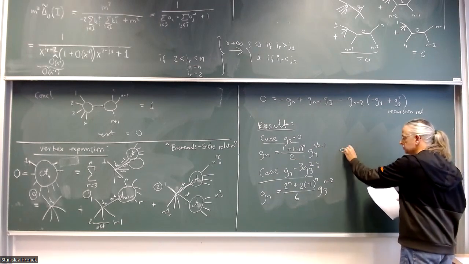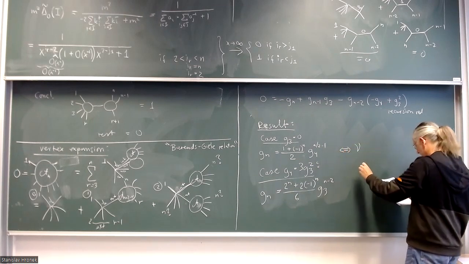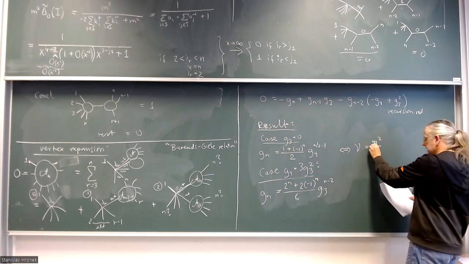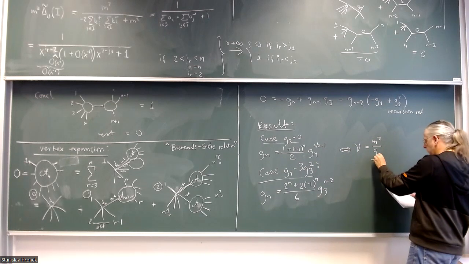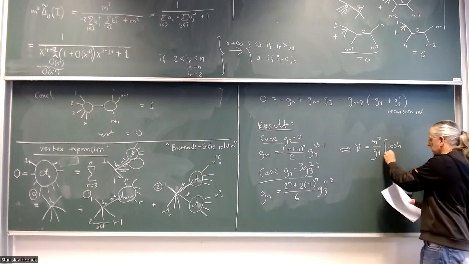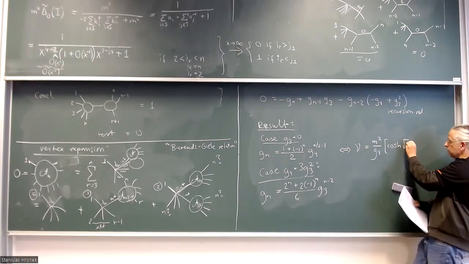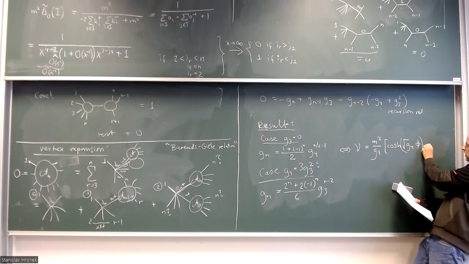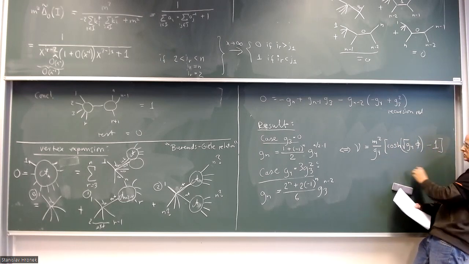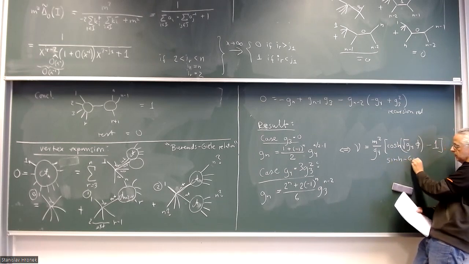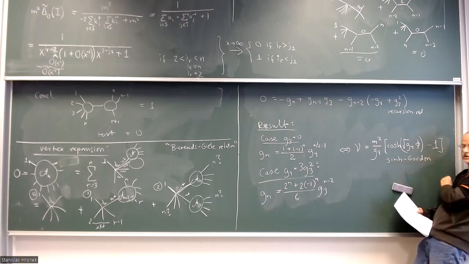So you plug this into our potential, which is 1, then you get this is equal to G4 hyperbolic cosine square root of G4 by minus 1. So this is the sinh-Gordon potential.